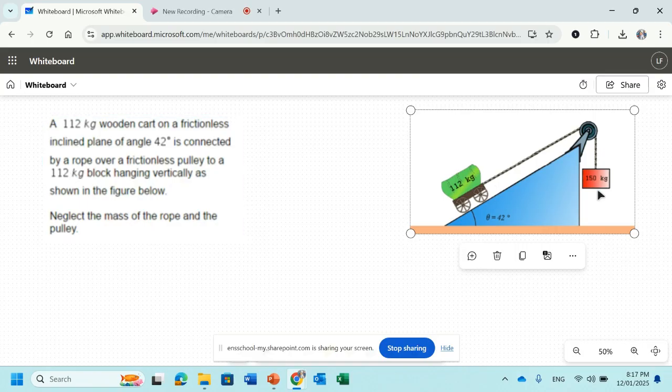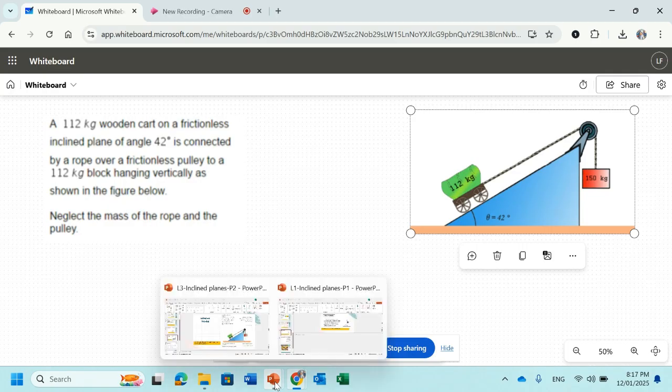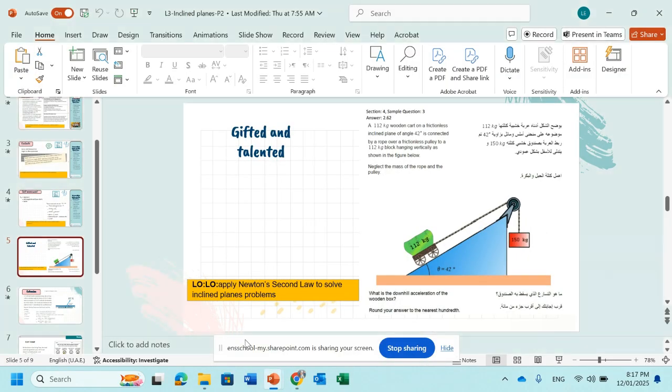This should be 150. Anyway, neglect the mass of the rope and the pulley. What do we need? This is actually one of the EMSAT questions. We need to calculate the downhill acceleration of the wooden box.